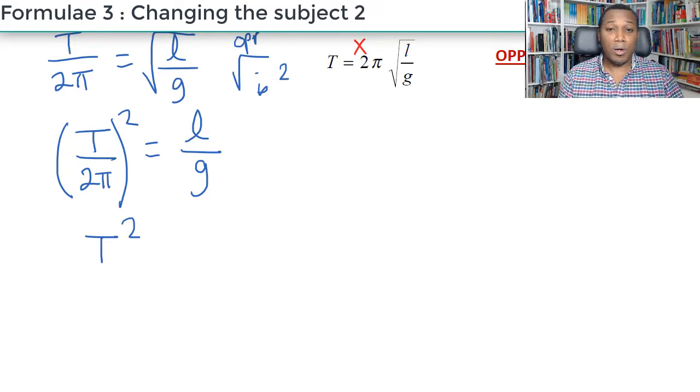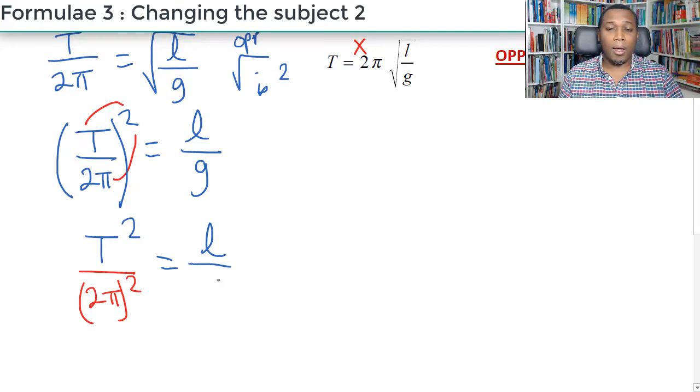The numerator to the power, the denominator also gets raised to the power. So the denominator now is going to be 2 pi, the entire expression, in brackets, squared. That's going to be equal to L on G.